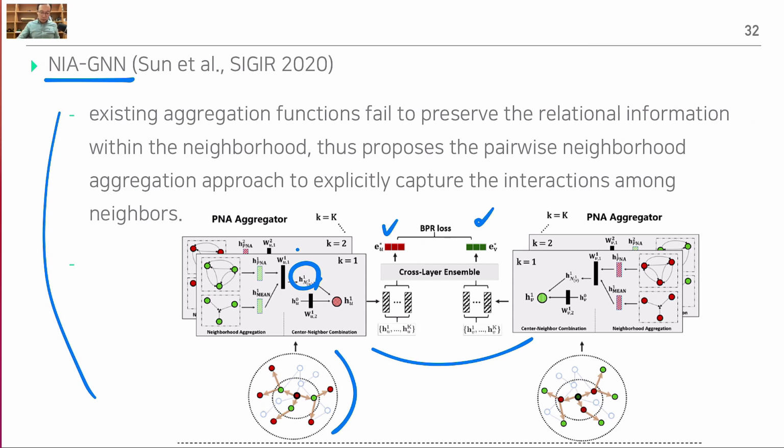This is also very similar to SVD-based recommendation. Here we have the user. I'm sorry, this is the user. This is the item. So the location is from the final representation.